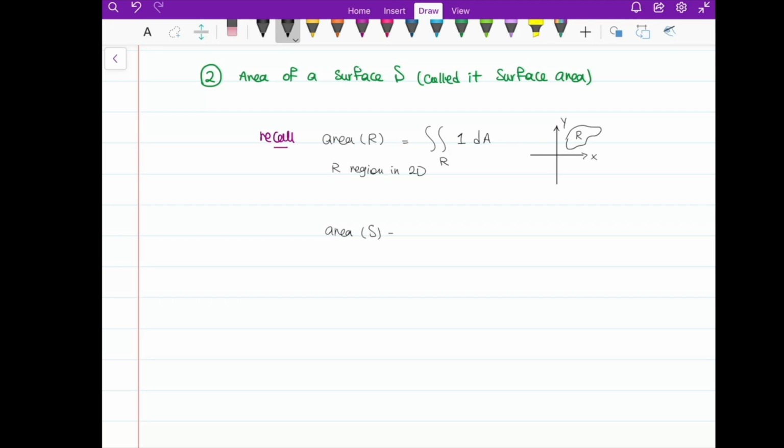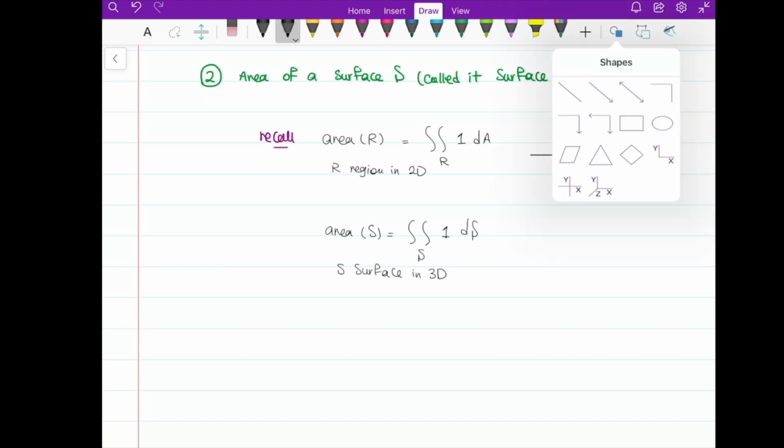Now if we have a surface in R3, to find the area of that we can use the surface integral, and we write the double integral of 1 dS over the surface S, where S is our surface in R3.